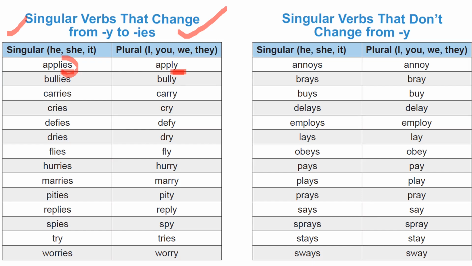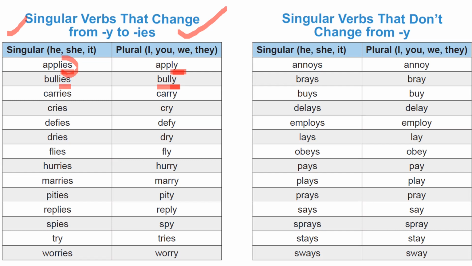When we remove ies again from this word bullies, and replace it with y, we are able to create its plural form, bully. It becomes from bullies to bully. Carries.